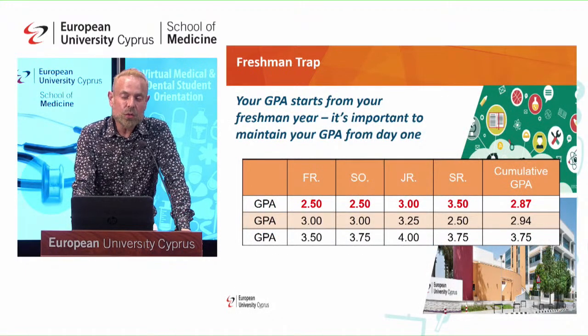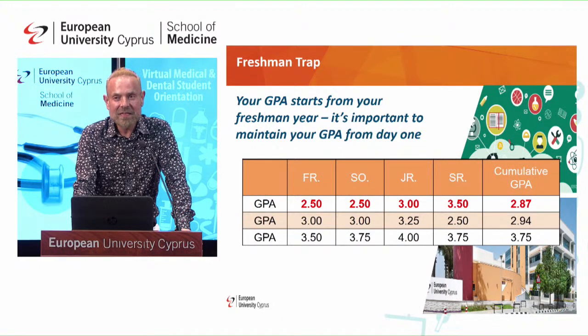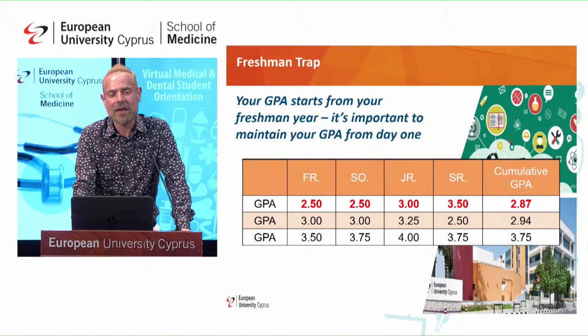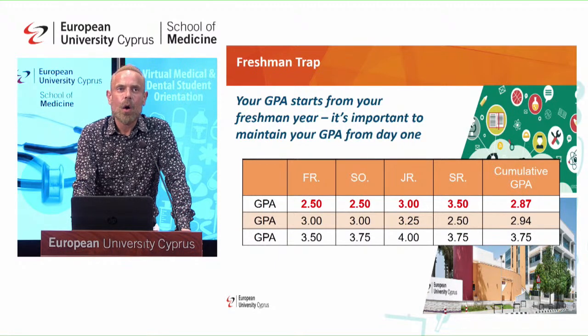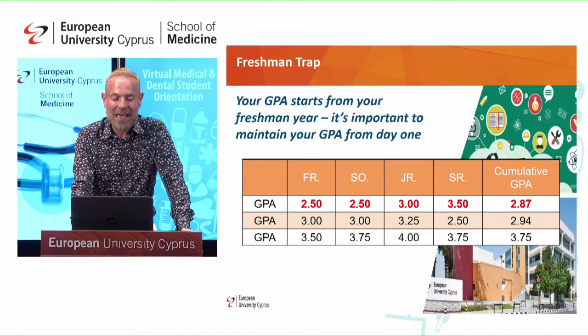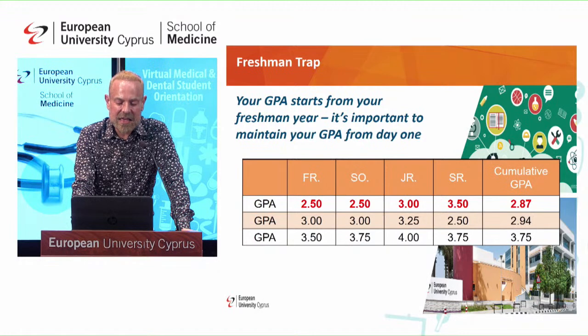So you need to understand that despite the fact that the first semester might not have too many medical courses, or what you consider to be medical courses, but I've already explained the significance of the basic sciences, you will be carrying your GPA along with you for the whole of your life. So it is important to maintain your GPA even from day one.